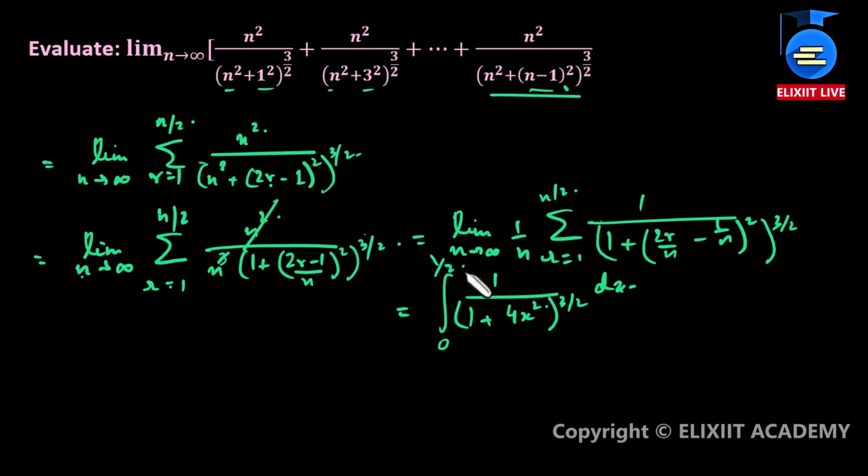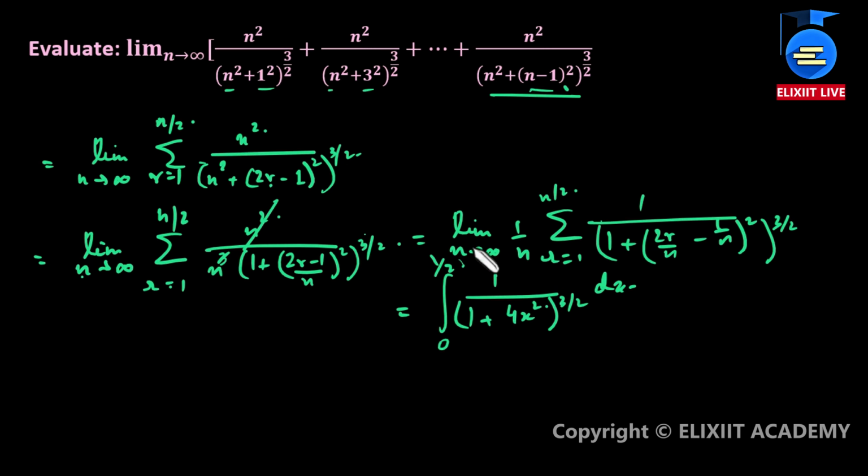For the upper limit n by 2, you divide by n and take limits, the n cancels out, so you get half. So we have integration 0 to half 1 upon 1 plus 4x square whole to the power 3 by 2 dx. Clear?